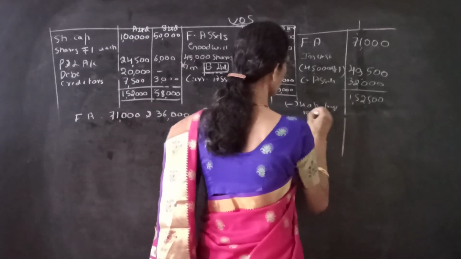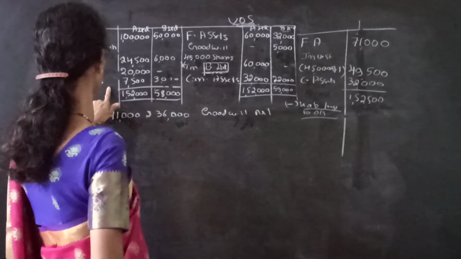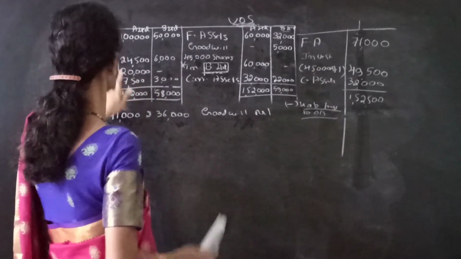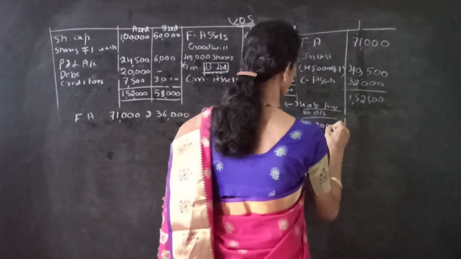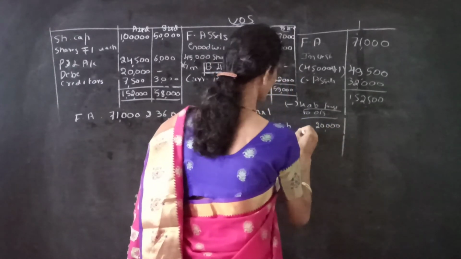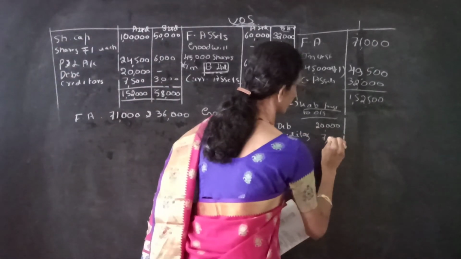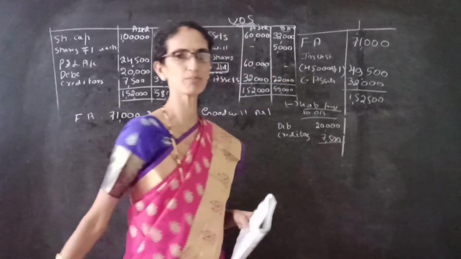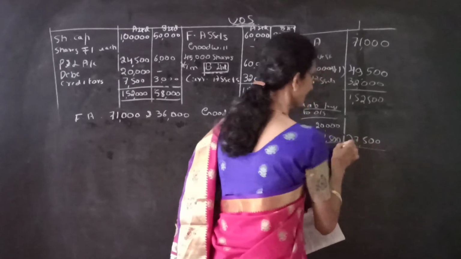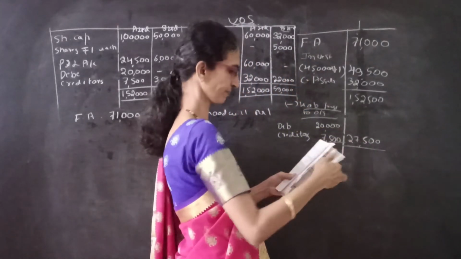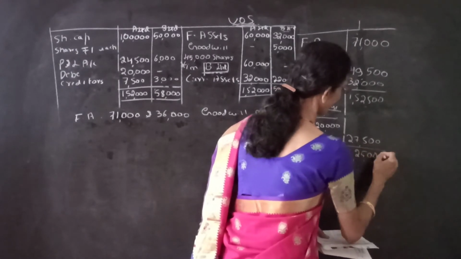Here debenture is given, creditors is given. A Limited debenture is 20,000. Then A Limited creditors is 7,500. So total liabilities payable to the outsiders will be 27,500. Deduct 27,500, we get 1,25,000.